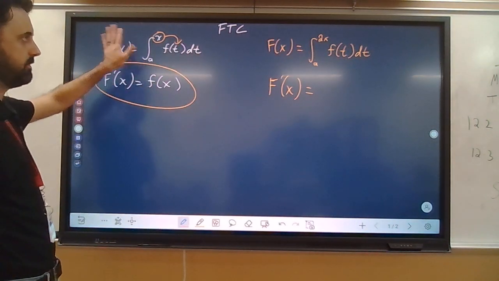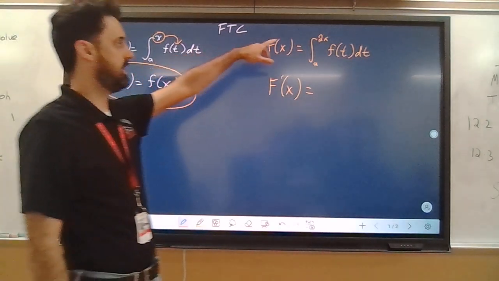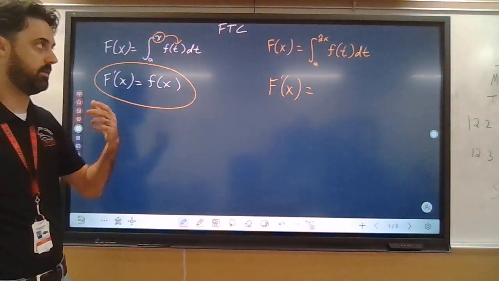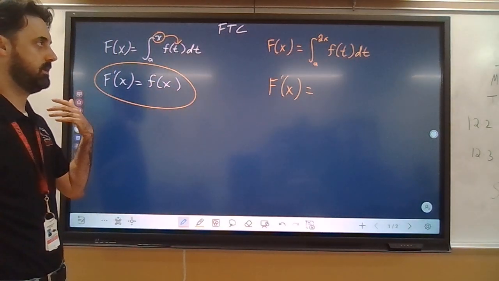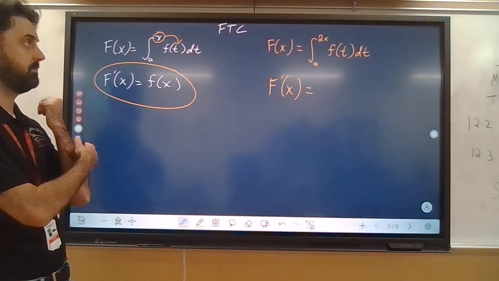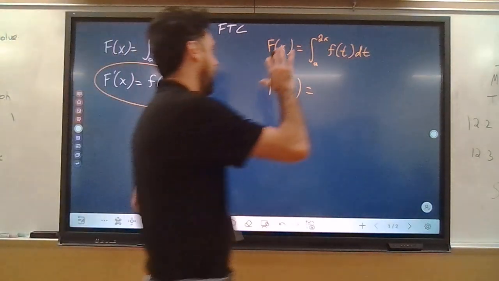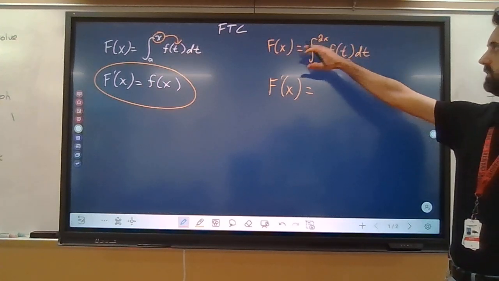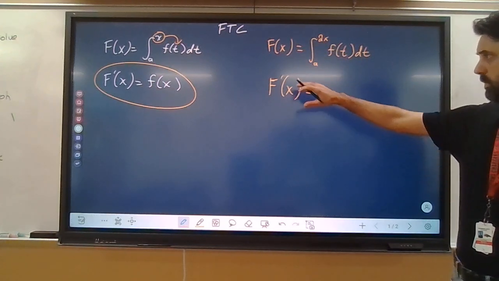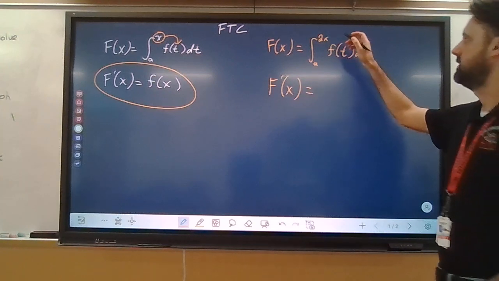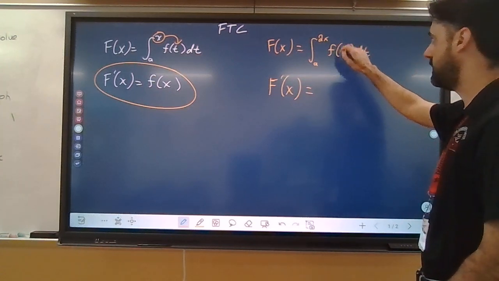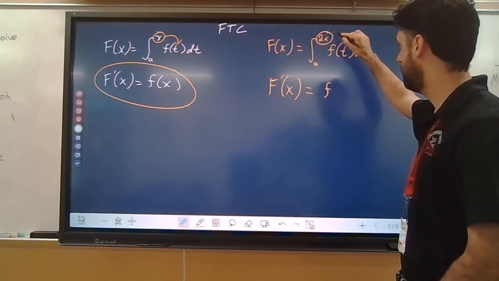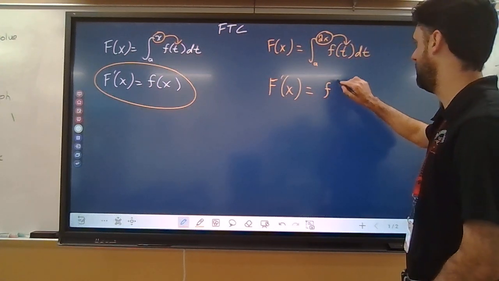And we've already reviewed this, but what we haven't reviewed is when the bound is not just x, but something like 2x or x squared or some other expression or polynomial. So if we're given this equation right here, capital F of x is equal to this, and we need to get the derivative, we're not going to take a derivative of f, so we just leave that as f, but we take the 2x, and it goes right there on the inside.